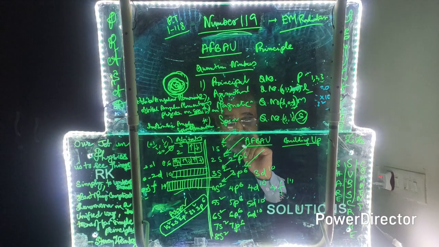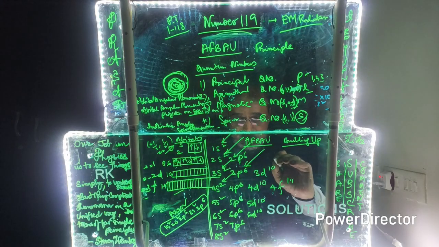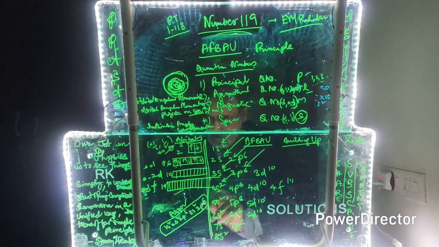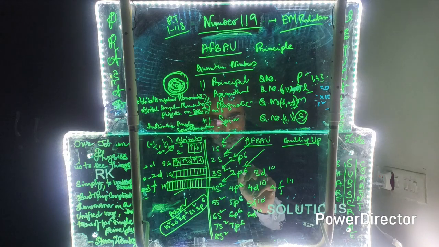Now, when we come here, the next after 4s2, so what was that? Argon was till where? Till 3p6.